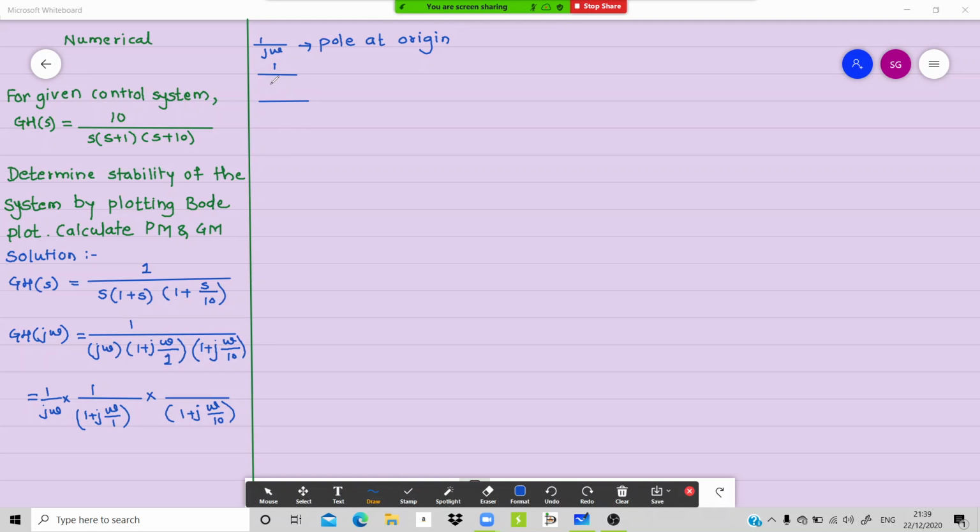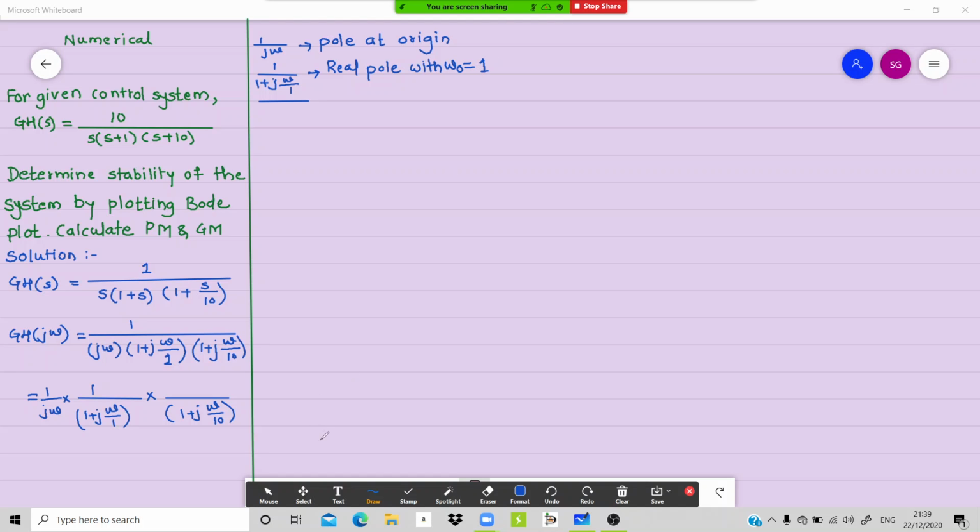Then 1 upon (1 plus j omega upon 1) is a first order pole or real pole with omega naught equal to 1.